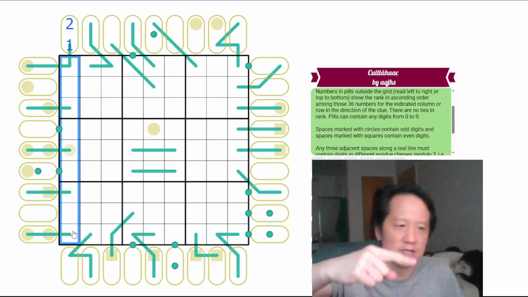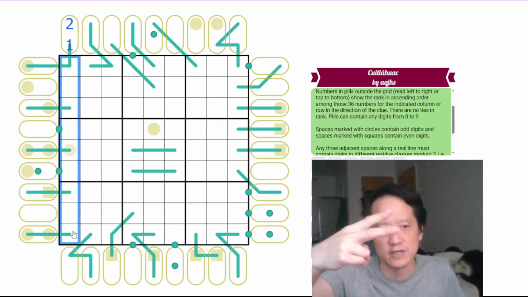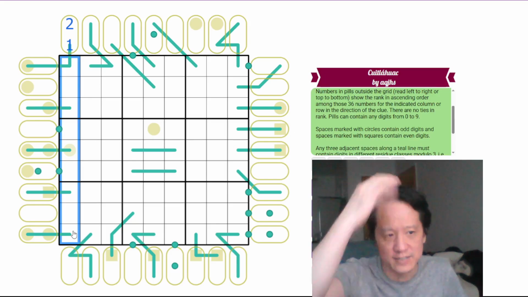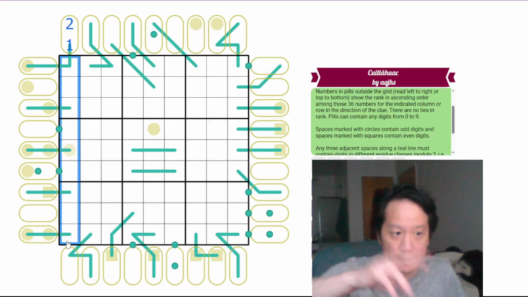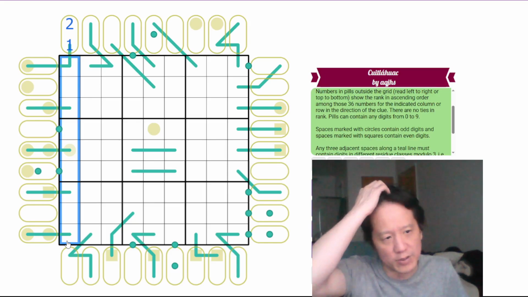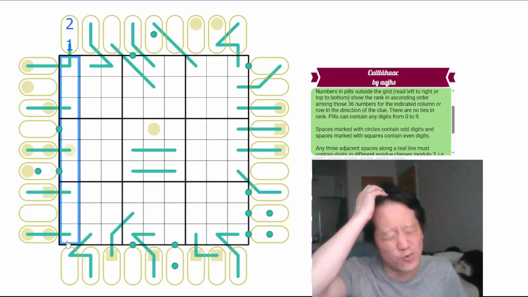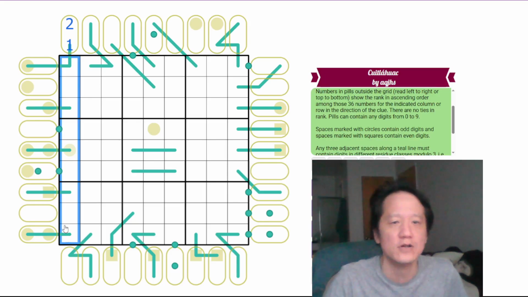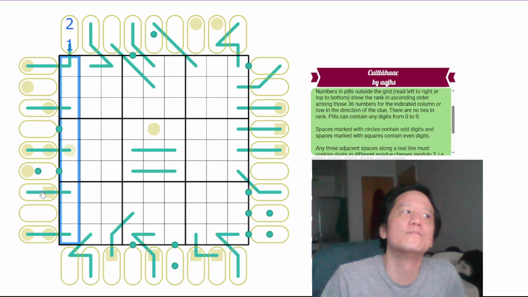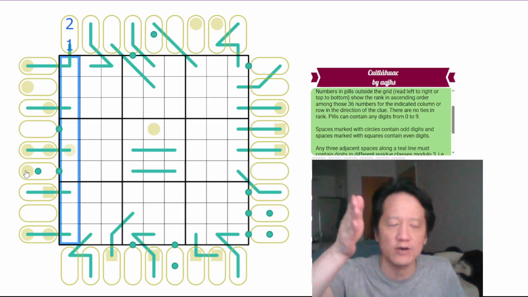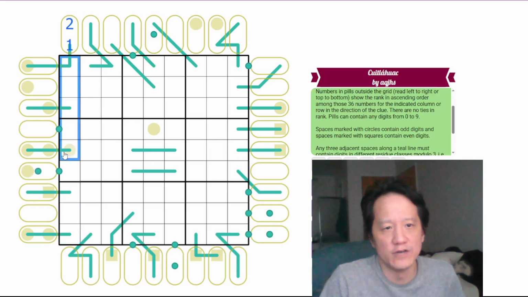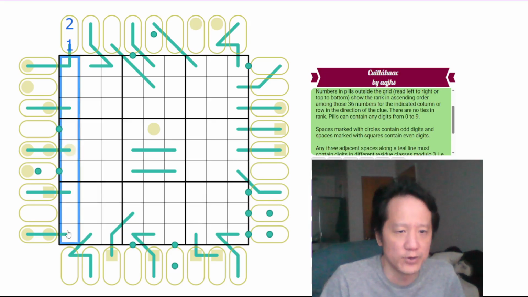So the lowest is the first in ascending order, the second lowest is the second, etc. The 21st would be above 20 other 9-digit numbers, and it would be below 15 of the other 9-digit numbers. So whatever number you had going this way would be the 21st smallest number.